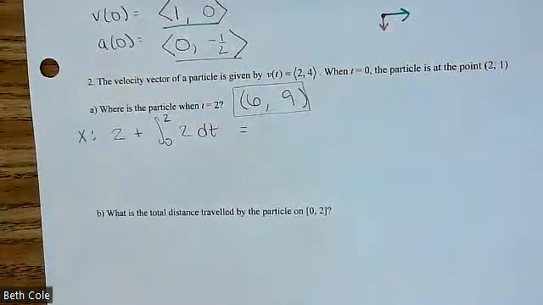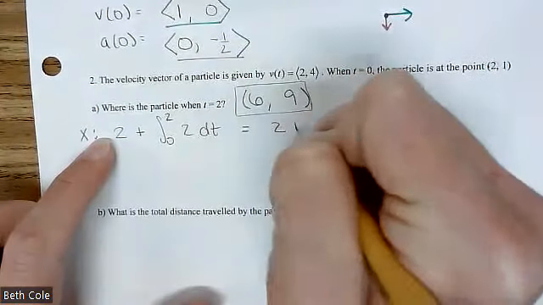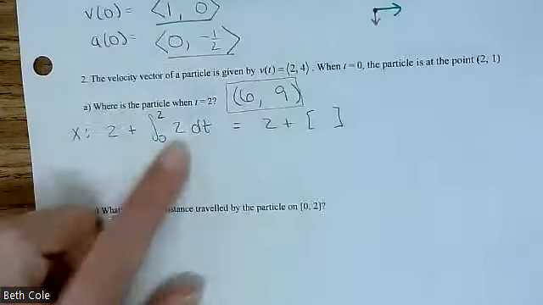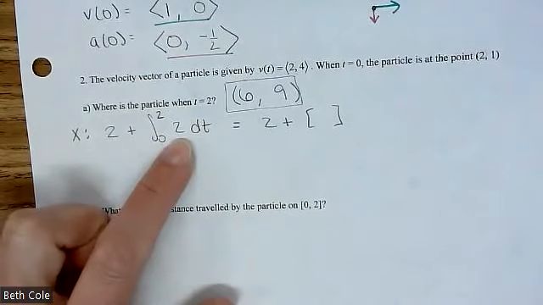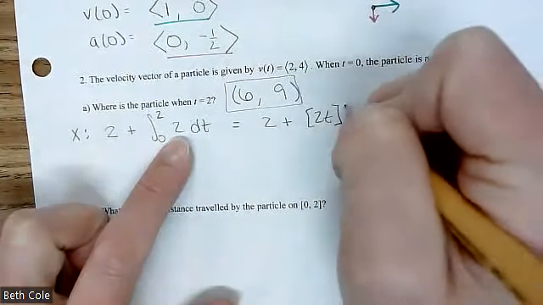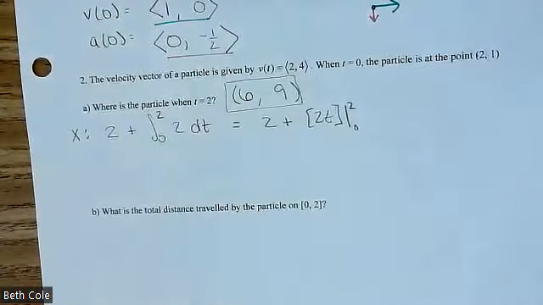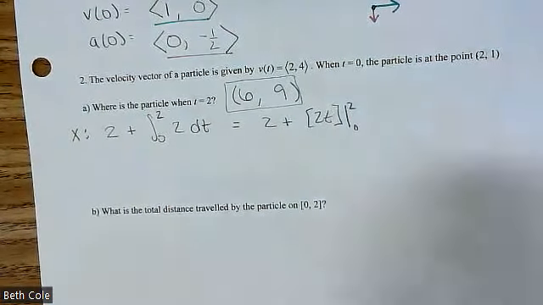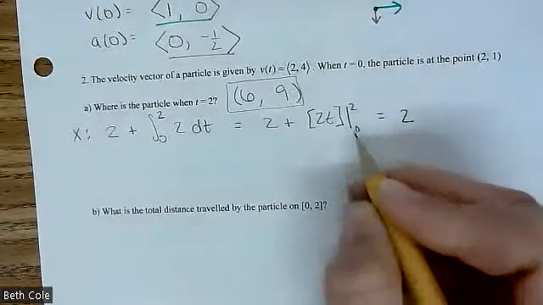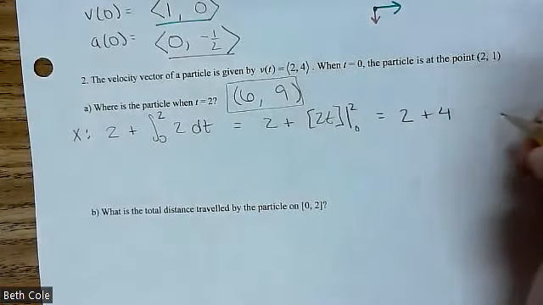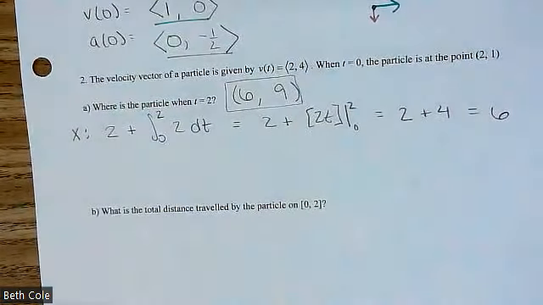And then you would work that out. So it would be 2 plus, what's your antiderivative of just 2? 2t, such that 0 to 2. And it would be upper boundary minus lower boundary. So 4 minus 0, you end up with 6.